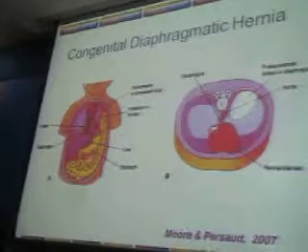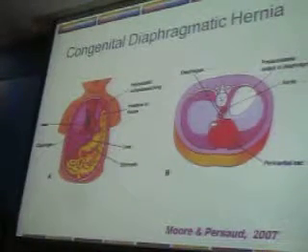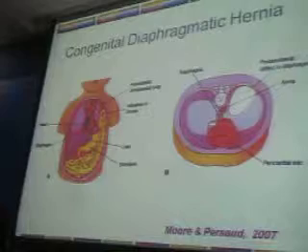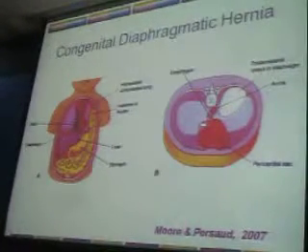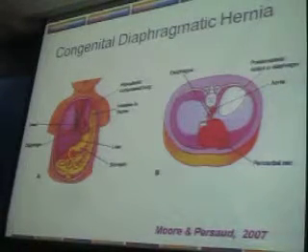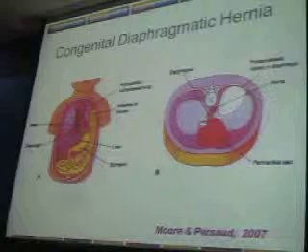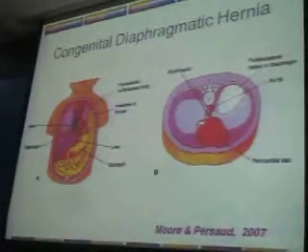Butas. So what comes in? Your gastric contents, mga intestine nyo. And it could lead to lung hypoplasia on the left side. Kasi nakikipag-compete sa space. So sometimes the left lung will not develop.